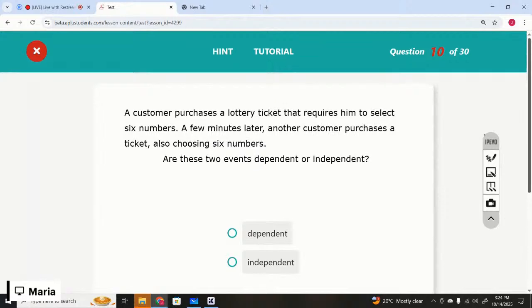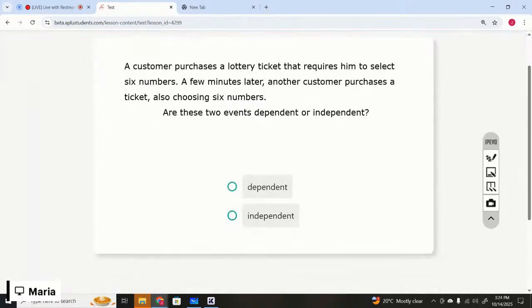A customer purchases a lottery ticket that requires selecting six numbers. A few minutes later, another customer purchases a ticket, also choosing six numbers. Are these two events dependent or independent?